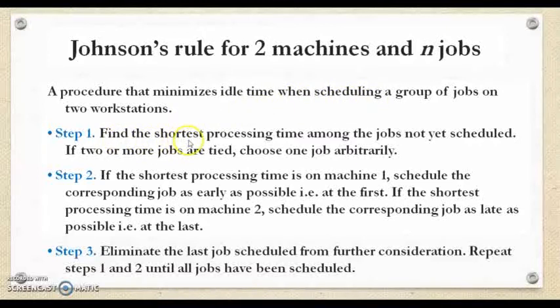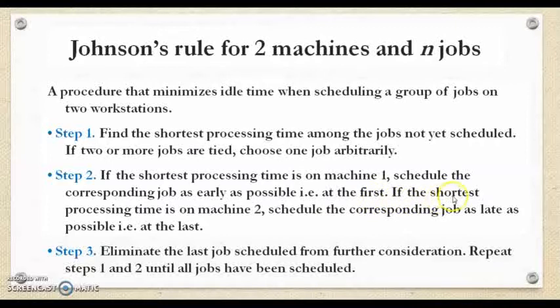In step 1, we calculate the shortest processing time, that is minimum processing time among the processing times of all the jobs. If there is a tie, we can choose any job arbitrarily for sequencing. In step 2, we find where this shortest processing time lies, either on machine M1 or machine M2. If this minimum processing time lies on machine M1, then schedule that job as early as possible, that is first in the sequence.